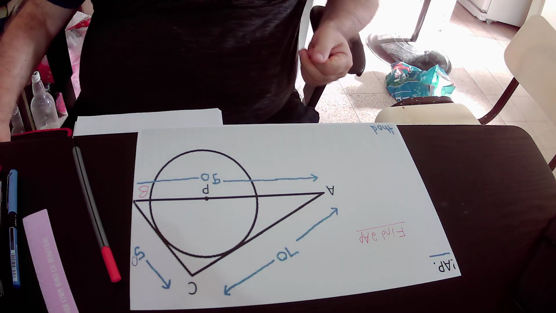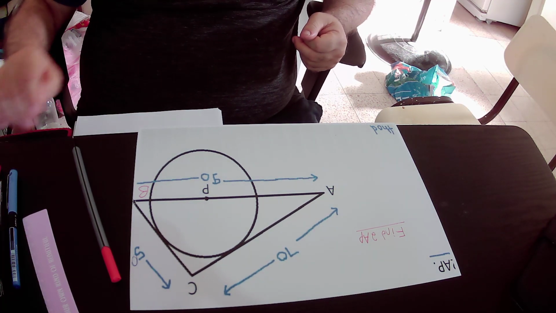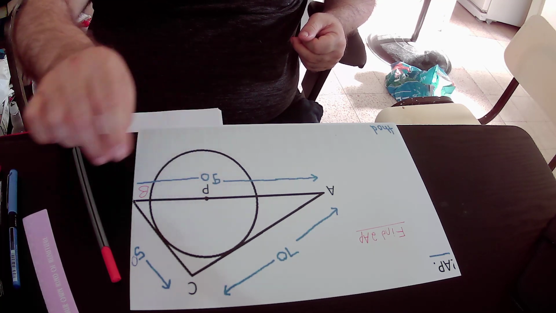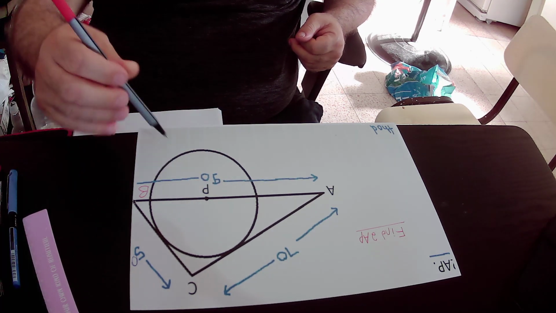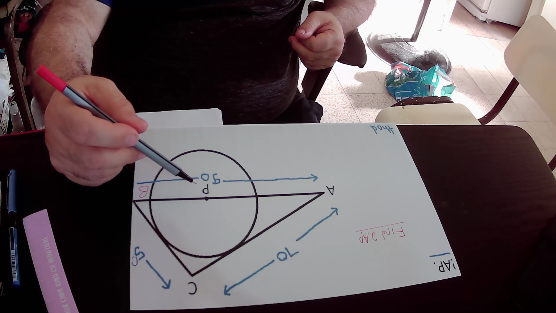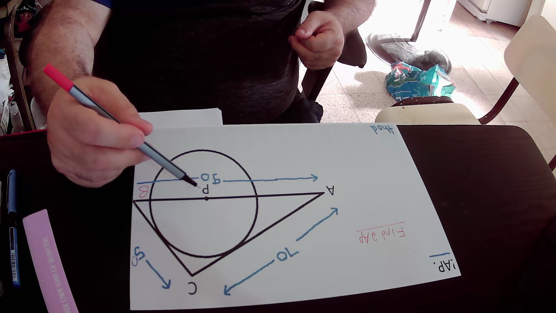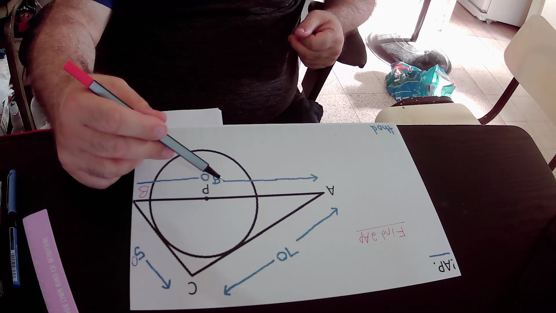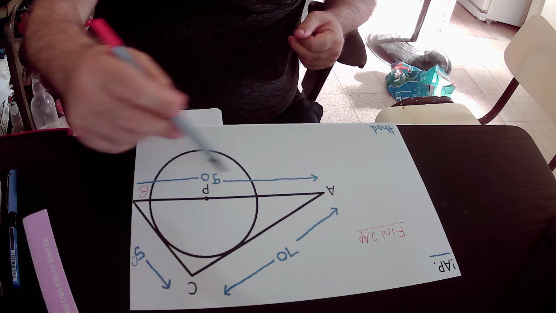We also have a circle, and the center of the circle is point P, and point P is situated inside AB of the triangle.